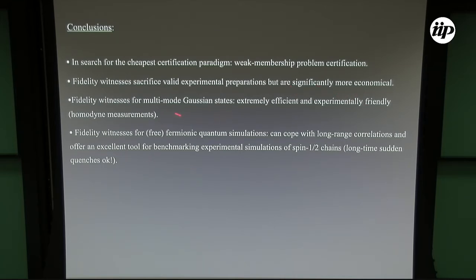I talked about fidelity witnesses for certification of multimode Gaussian target states, and also for free fermionic target states. I think these are efficient tools for benchmarking experimental quantum simulations. That's the main take-home message that I would like to convey.